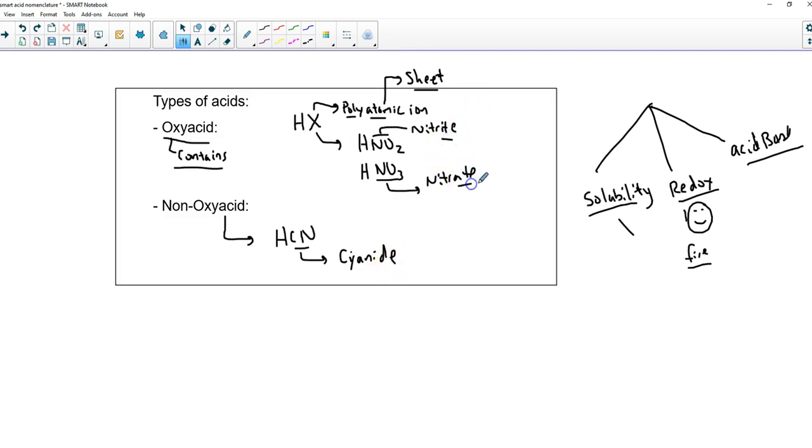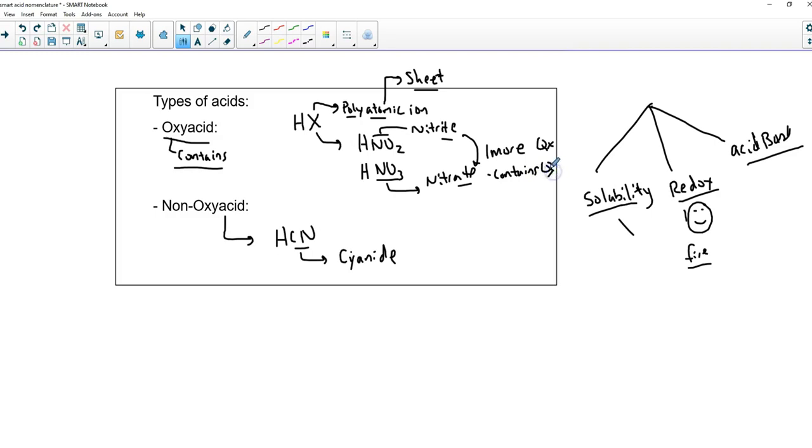In cyanide, again, no oxygen present. With "ite" and "ate," lots of times kids realize that the "ate" means there is one more oxygen than the "ite." But what people sometimes neglect to think about is that it means it contains oxygen.